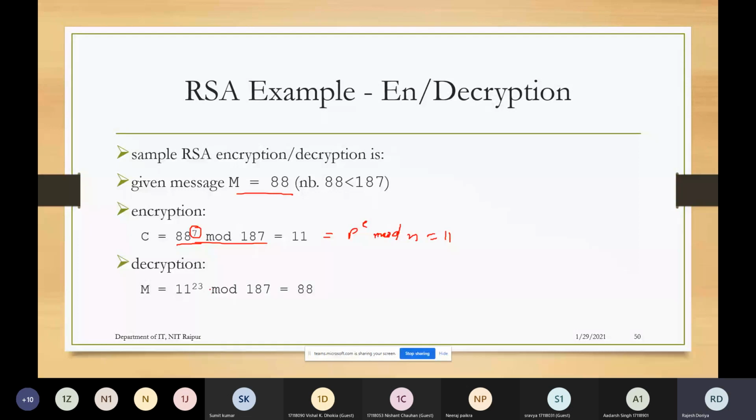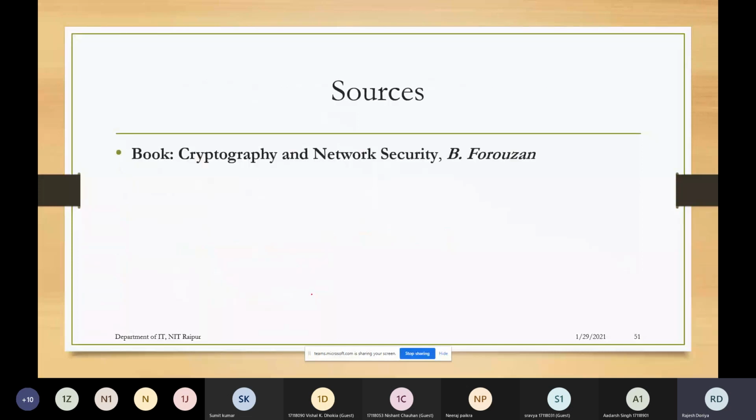For decryption, you use the value D. As we can see, at the end we get our plain text back. Hence the process is verified. This is how things are done in RSA.